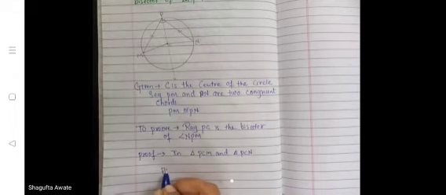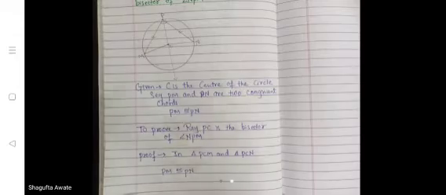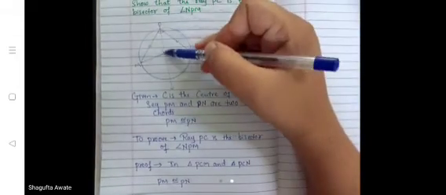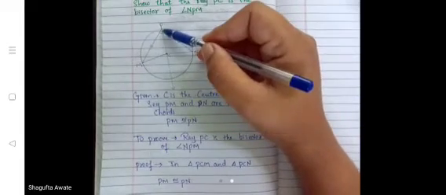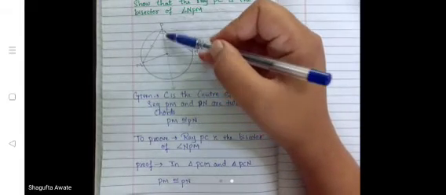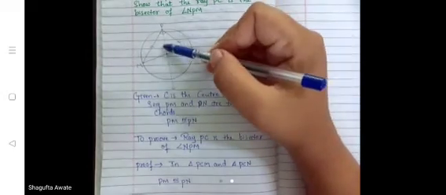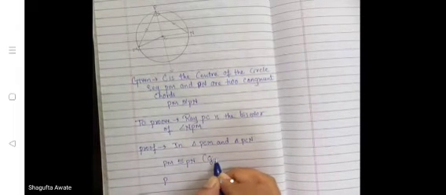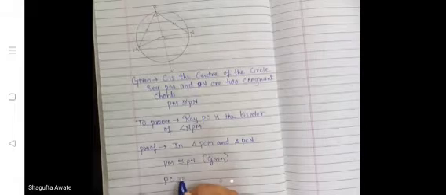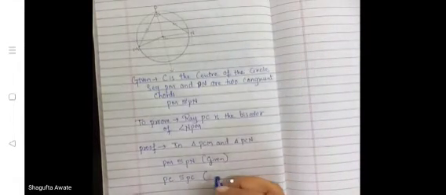Next PC is congruent to PC. So one side we have got now congruent. Next side, that is PC. In the triangle PCM and for the triangle PCN, PC is common for both the triangles. So we can write PC is congruent to PC, common side of both the triangles.